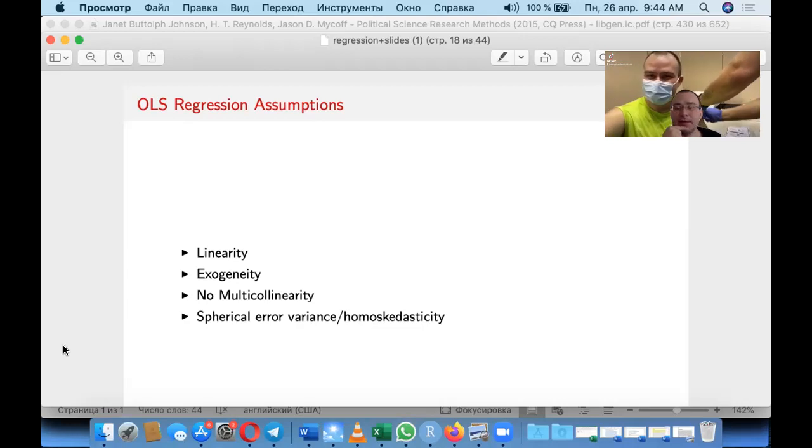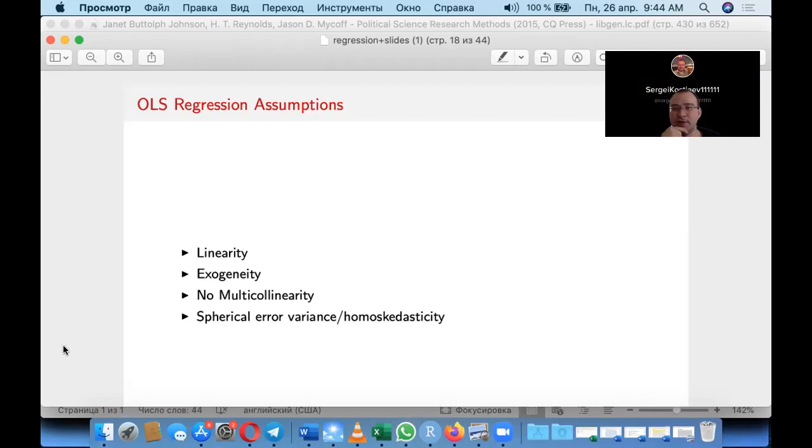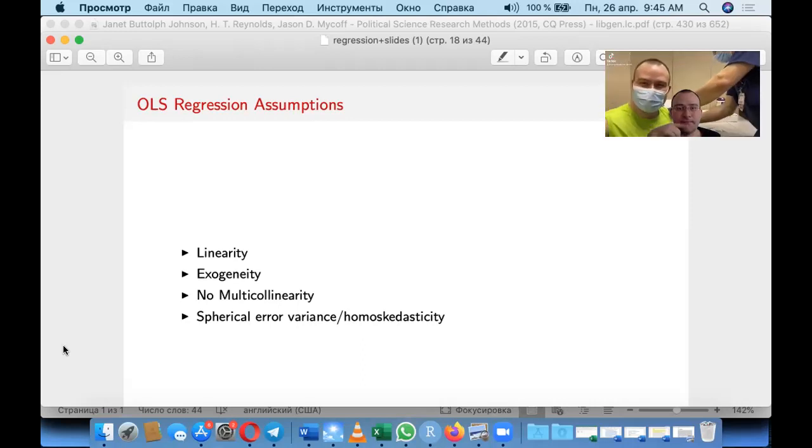First, linearity. Relations between variables are linear: one unit change in an independent variable leads to exactly the same change in the dependent variable, and those relationships are constant throughout the whole line.